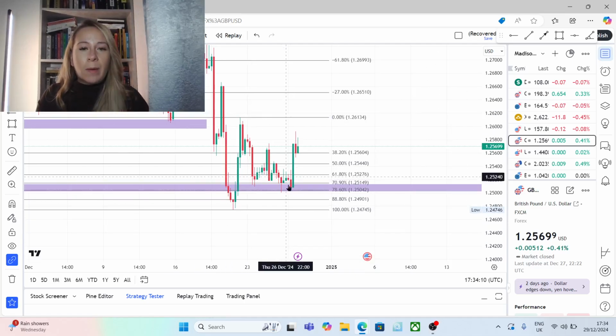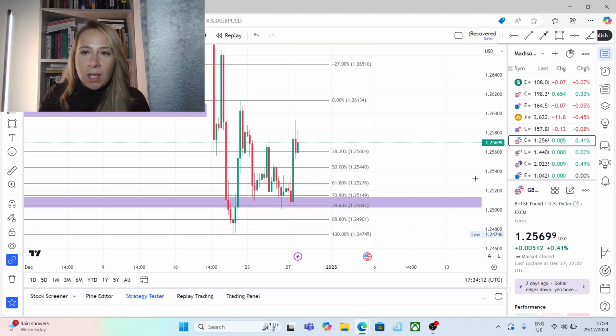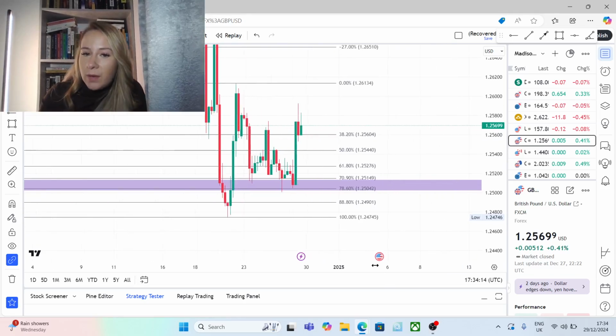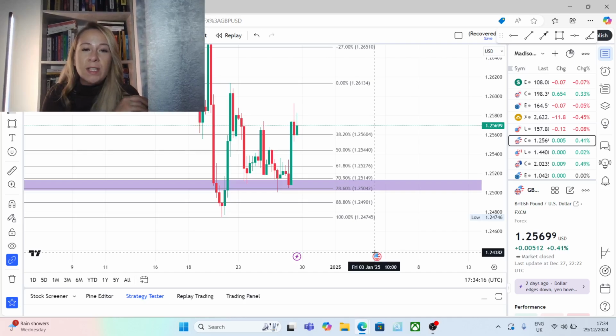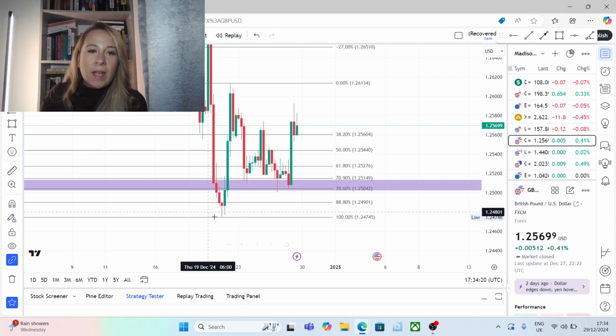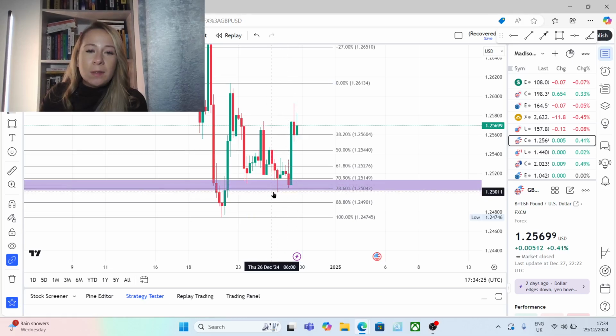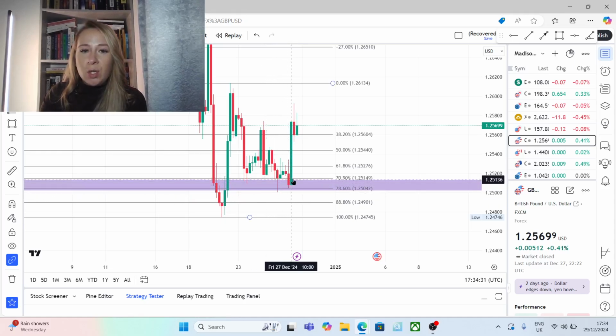This is on the 4 hour, which is obviously a higher time frame, so significance in price. As you can see from this area here, we have had this bullish push up, and then we've come back down, tapped back into that 78.6% level to perfection, before having this huge 4 hour bullish engulfing candle on Friday.